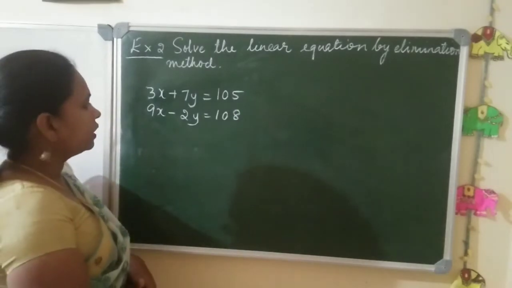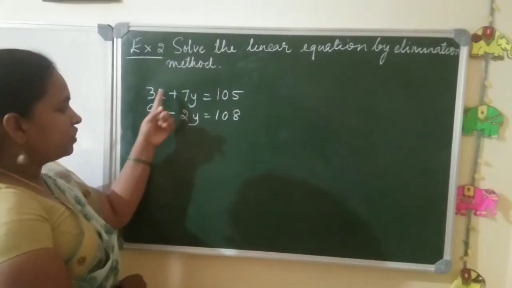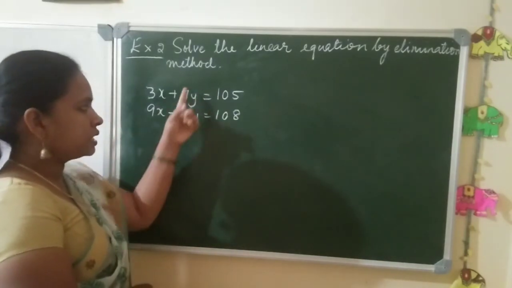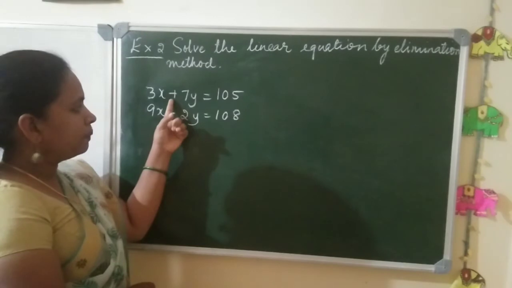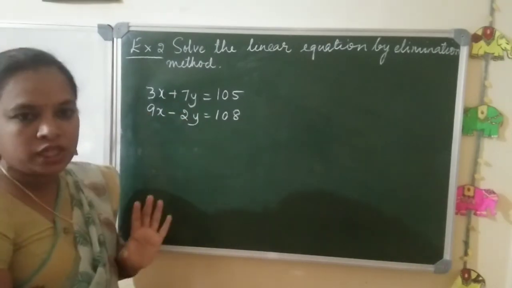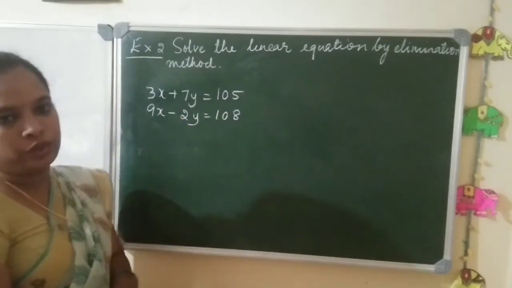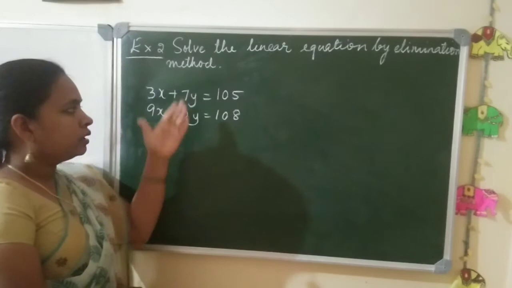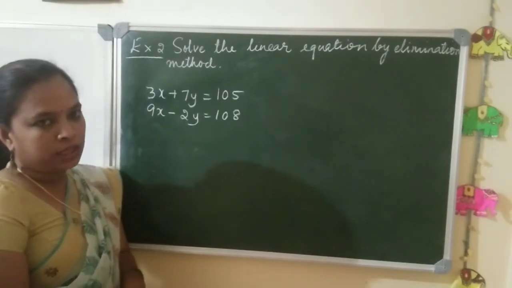When you observe here, the coefficients of x are 3 and 9 and the coefficients of y are 7 and 2. Here it is with a plus sign, here it is with a minus sign. The meaning of elimination is you need to delete one of the variables. So now which variable can you eliminate? None of the variables you can eliminate here.